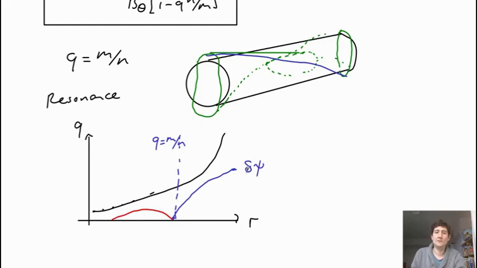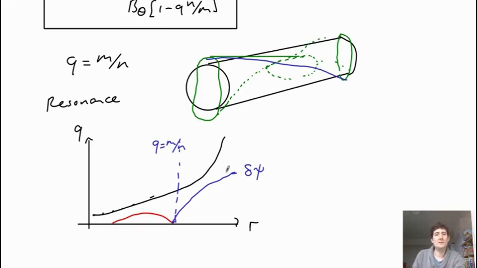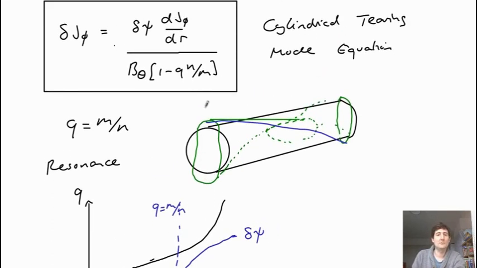If you apply an external RMP, for example, you find that the mode is suppressed on its resonant flux surface, but you still have some finite amplitude inside. This is quite a common thing seen, that you suppress perturbations on the resonant surface.